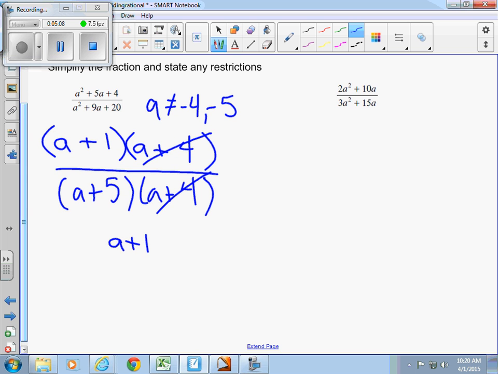So restrictions are very similar to asking what can't be in the domain. It's more of a domain question than specific holes. What can't be in the domain? Any questions about that?